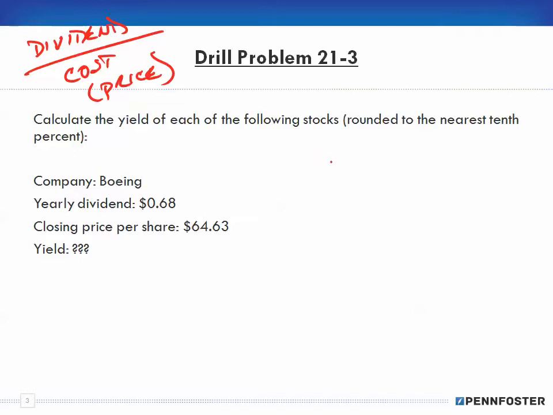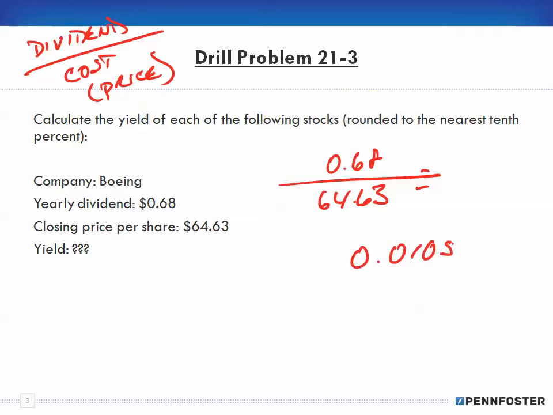So what we're looking at here is 68 cents over the price of the stock, which is the closing price per share, 64.63. When we divide one by the other, decimal 68 divided by 64.63, I end up with 0.01052, and it's saying to the nearest tenth, so I'm rounding to 1.05.